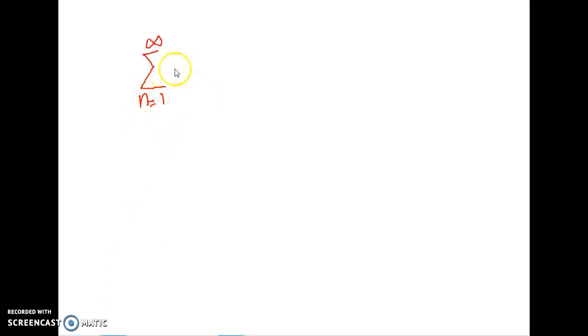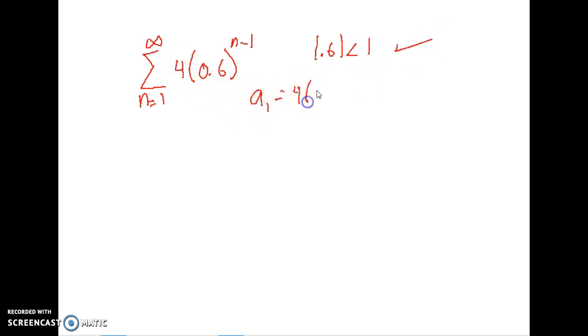So if I say 4 times 0.6 to the power of n minus 1. Again, there's my r value, so 0.6 absolute value is less than 1, true statement. Making sure this is our a sub 1 term. So 4 times 0.6 to the power of 1 minus 1, 4 times 0.6 to the power of 0.